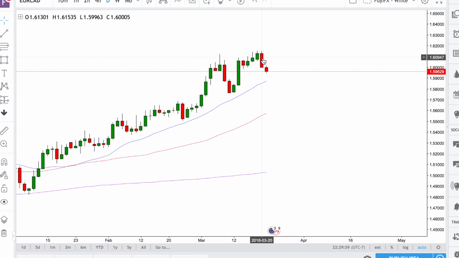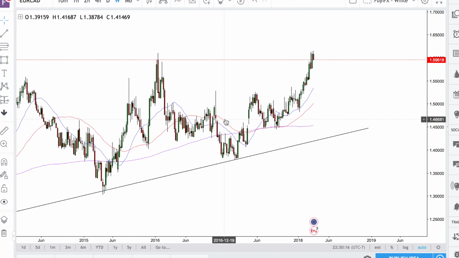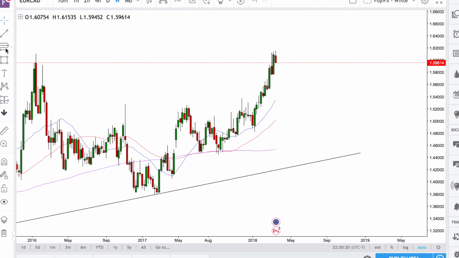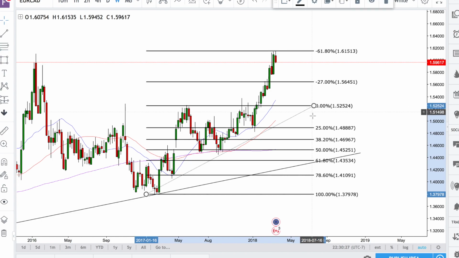Now, EuroCAD has a nice bearish engulfing candle here on the daily. Price is still above the 20 MA, so that's still a good sign for this. If you zoom out and look at a weekly time frame, though, let's see, right about there. One thing I spotted was this little fib extension, and I'll explain this here.